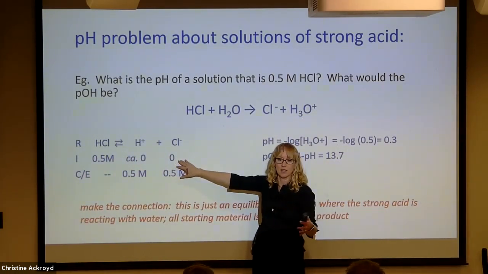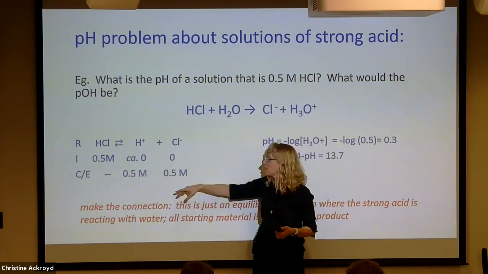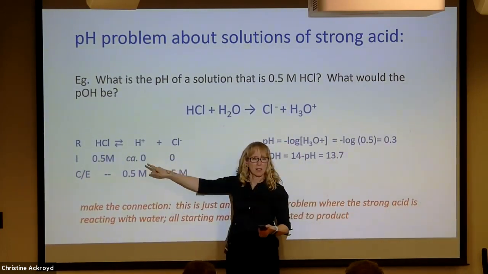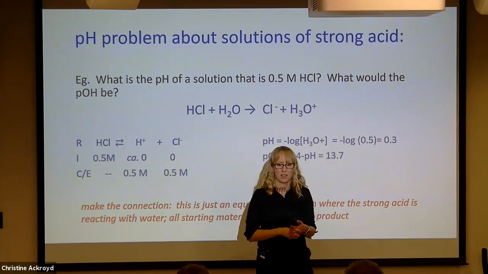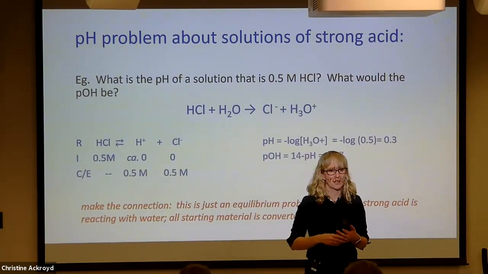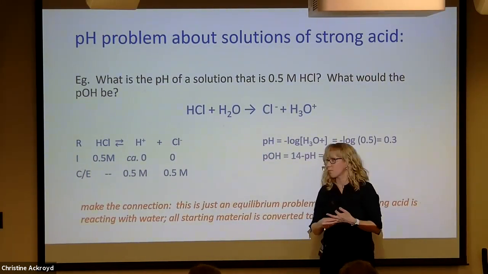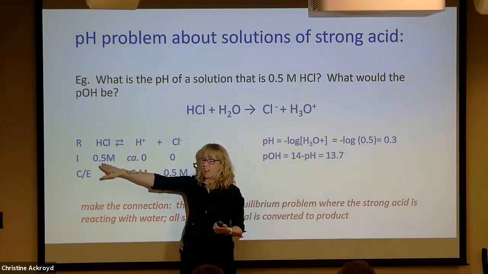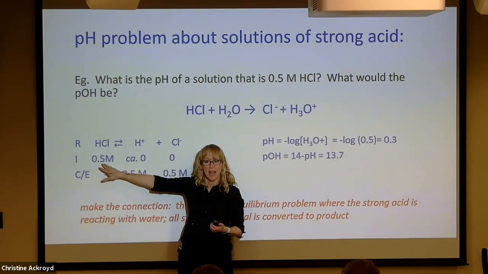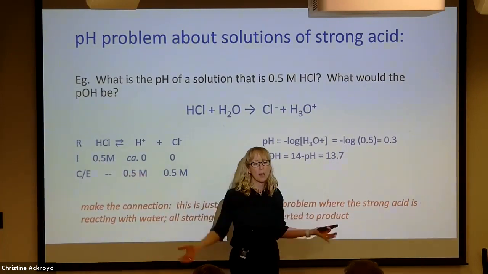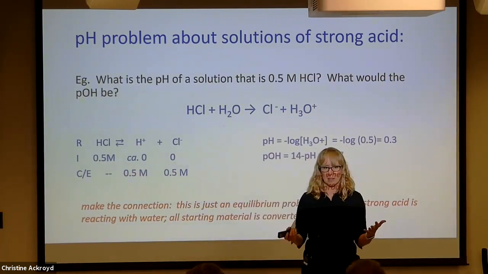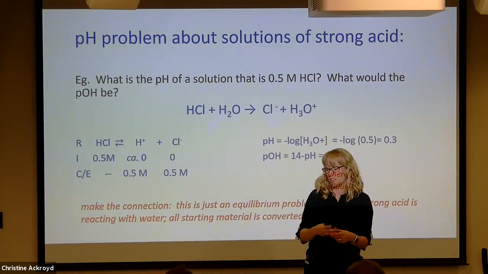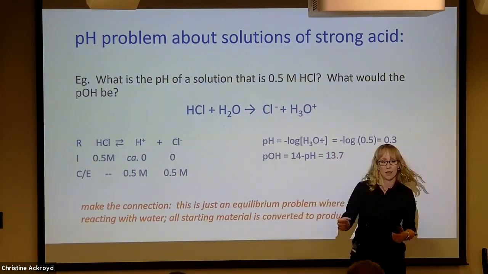Assuming that there's not sodium chloride or something in there. Why do I write approximately 0 for hydronium? Is it actually 0? Actually 1 times 10 to the minus 7th molar. Do we care about 1 times 10 to the minus 7th molar if we're adding 500 millimolar acid? No, it's going to swamp out whatever hydronium was there before we started, so we're not really worried about it. Okay.